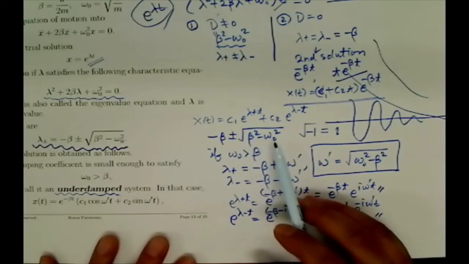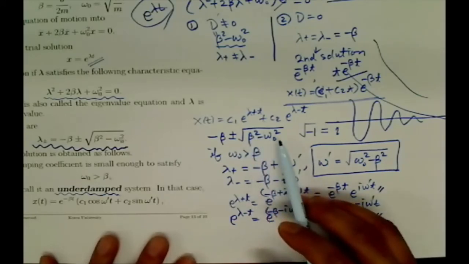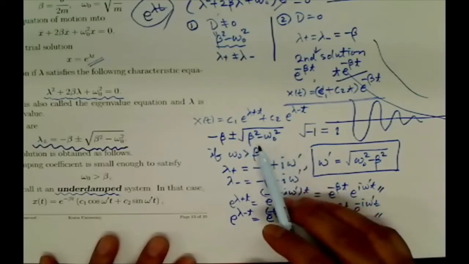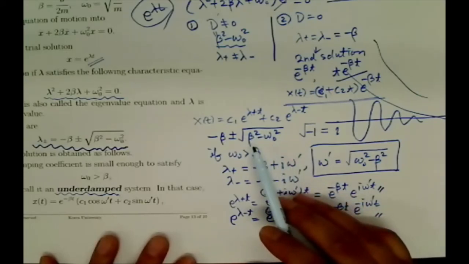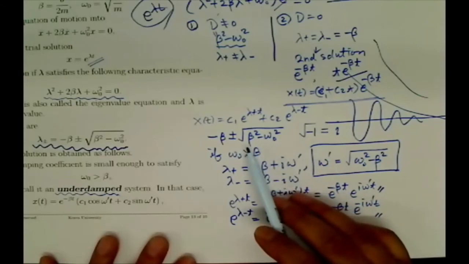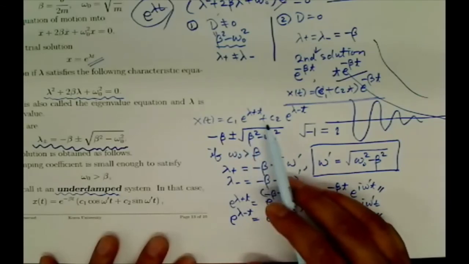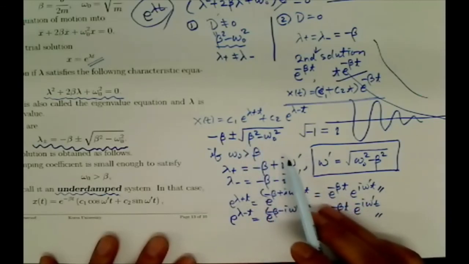Because you remember omega 0 is greater than beta, the inside of the square root is negative. That means this is replaced with i times a real number. This is a pure imaginary number.